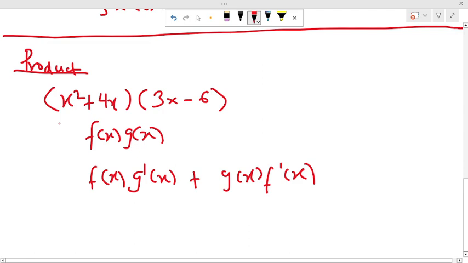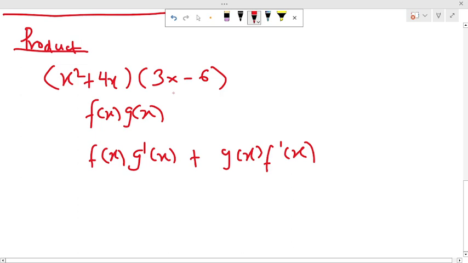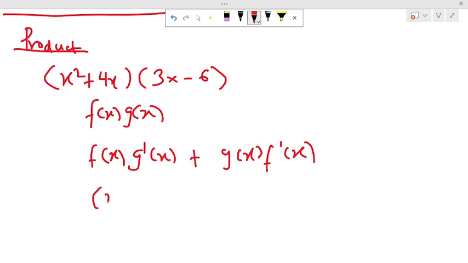Let's say we are asked to differentiate this expression, right? So first of all, we keep this whole expression, which is x squared plus 4x. So this expression is multiplied by the differential of the other expression. So the differential of 3x minus 6: when I differentiate 3x, I get 3. When I differentiate minus 6, I get 0, because 6 is the same as 6 times x to the power 0, so when I multiply 0 by 6, I get 0.